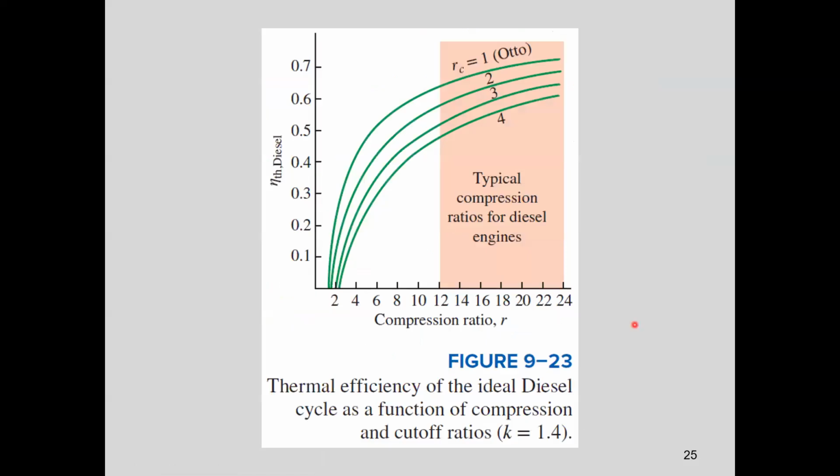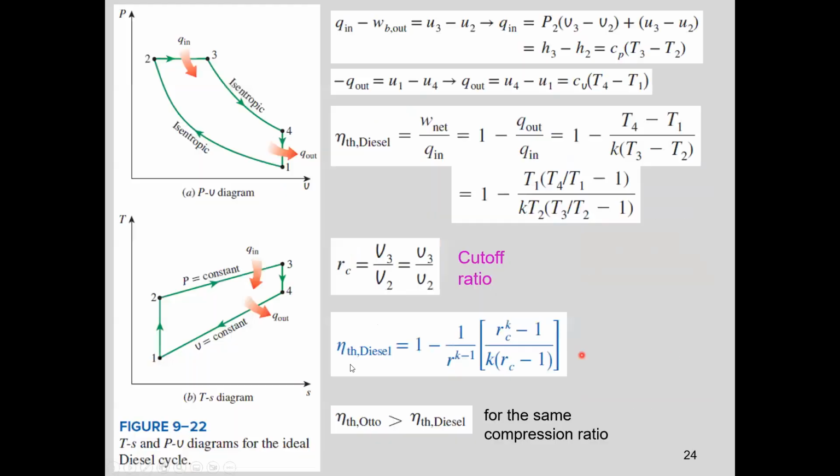Okay, here, thermal efficiency of the diesel cycle as a function of compression ratio is given. Again, when you look at this equation, the idea of the effect of compression ratio on the diesel cycle efficiency is clear. The higher the compression ratio, the higher the efficiency of the diesel cycle.